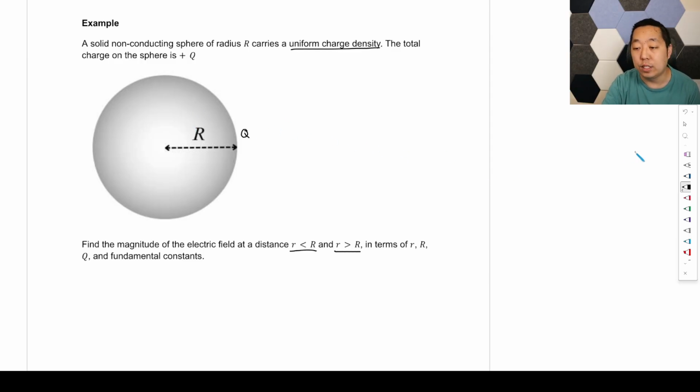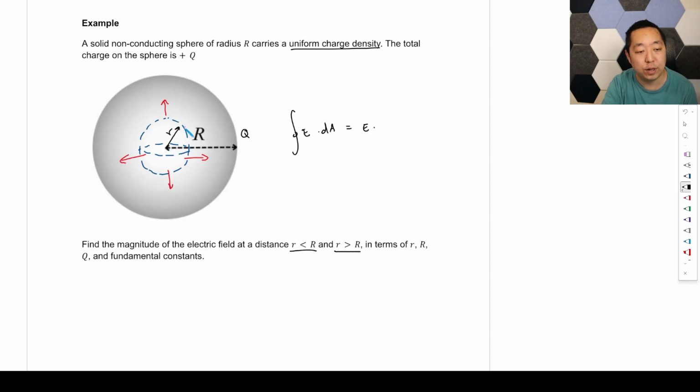But we know that by symmetry, the electric field should be emanating radially outward spherically. So that's why we're going to make a sphere, and then the flux is going to pass outward from the edge of that sphere. So the flux calculation is just going to be the electric field times the surface area of that sphere.